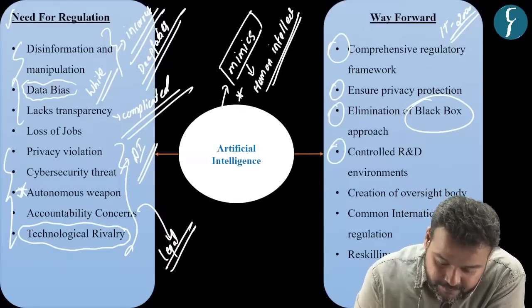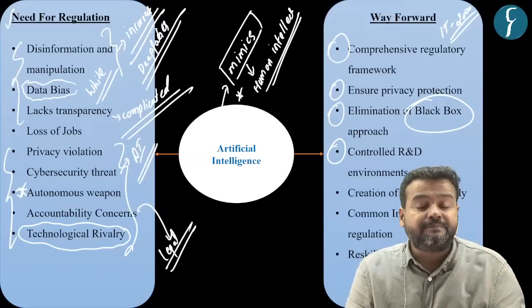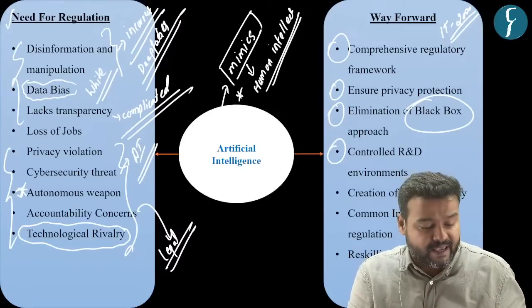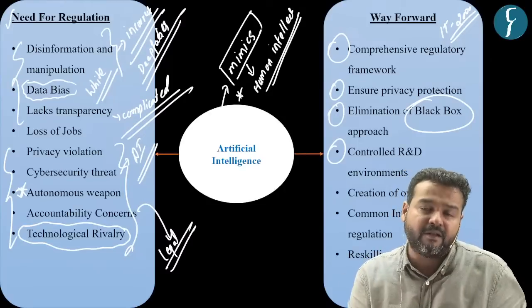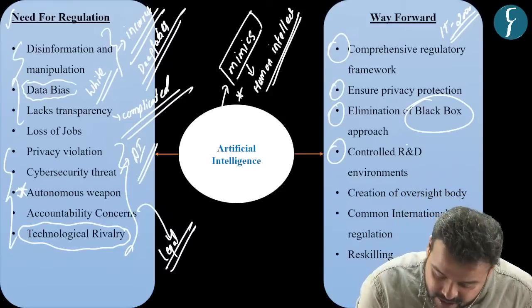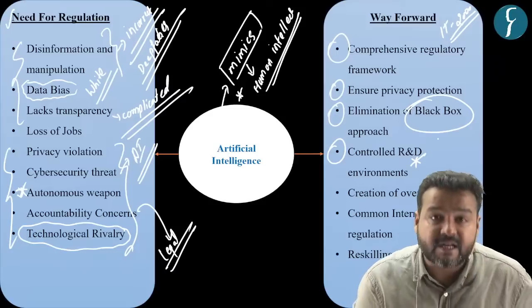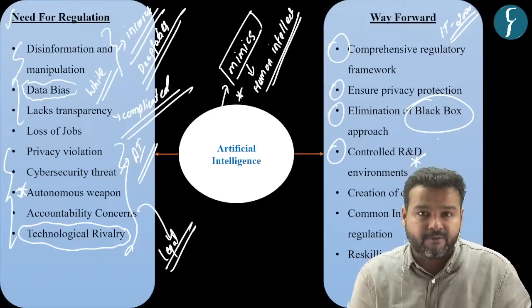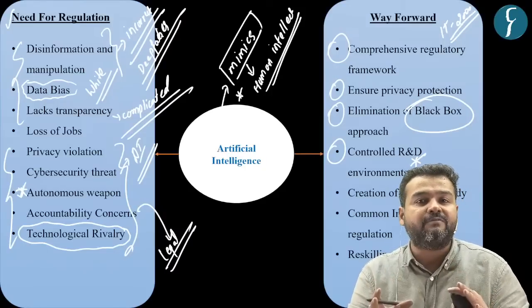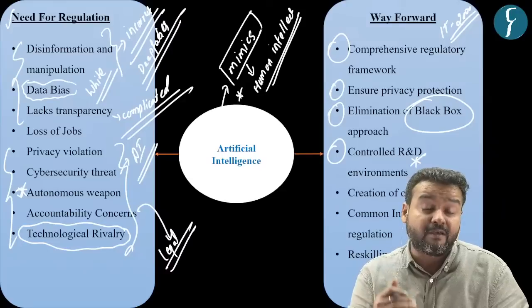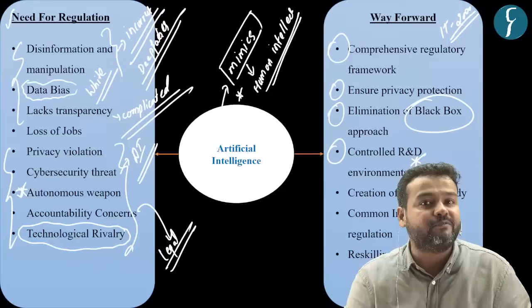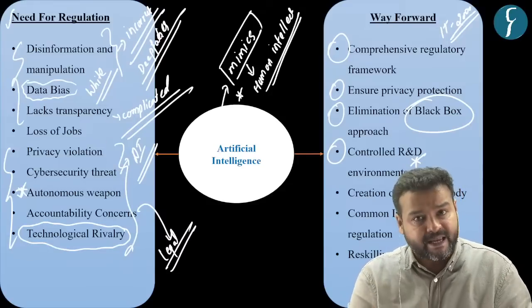Second, now there are issues of ramification. There are instances where AI has created problems in the future course of its application. So another suggestion is a controlled research and development environment, where a sandbox approach is required, where scientists are provided with a controlled atmosphere where they can test the limit of the application of that particular AI algorithm.